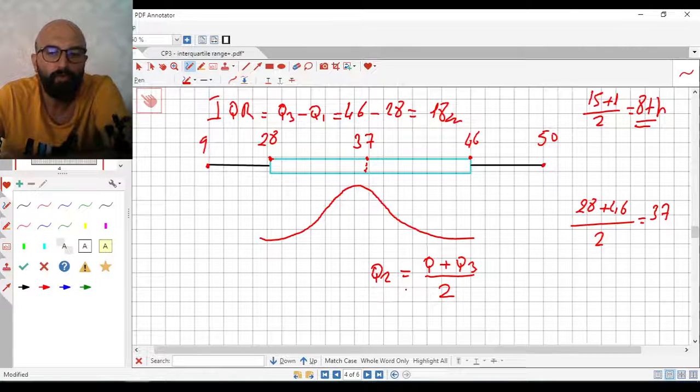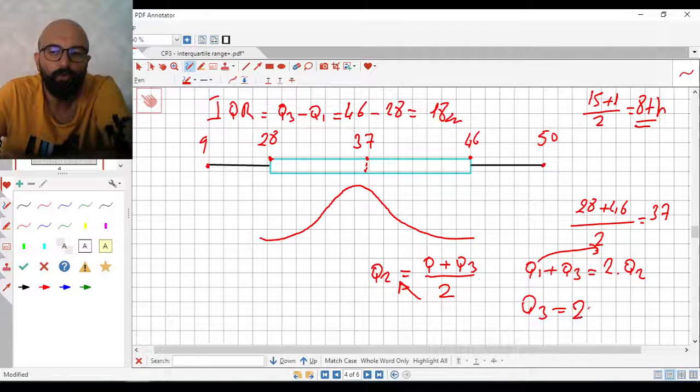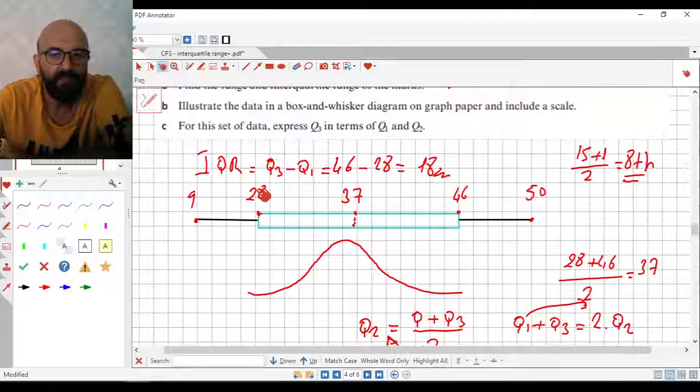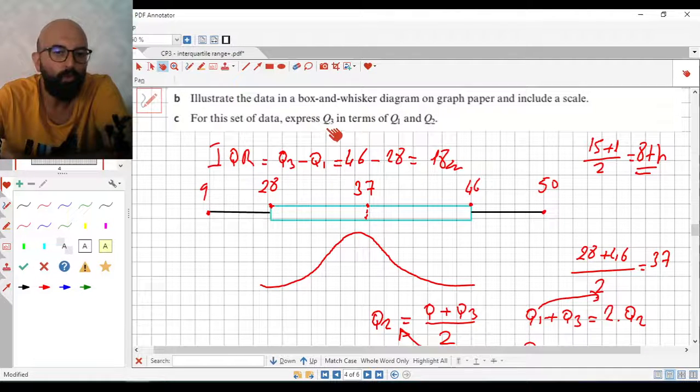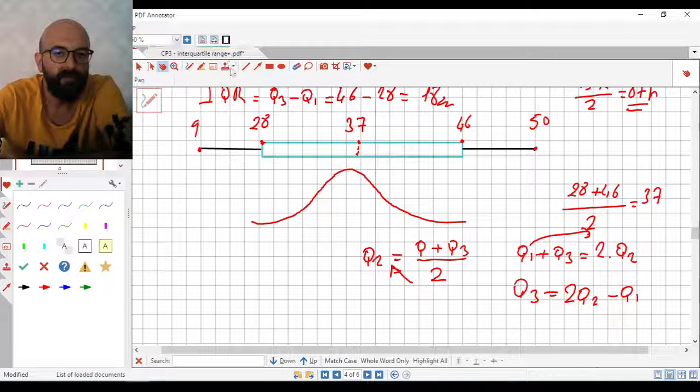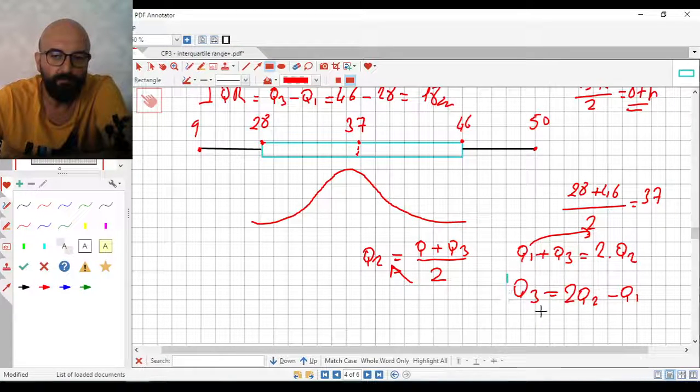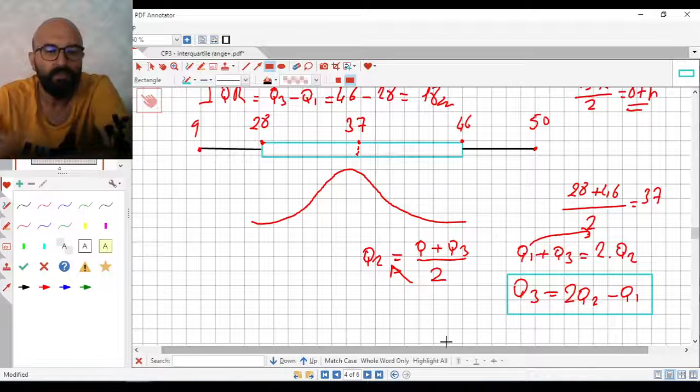So Q2 equals Q1 plus Q3 over 2, which means Q1 plus Q3 equals 2 times Q2, and Q3 equals 2Q2 minus Q1. So we can express Q3 in terms of Q1 and Q2: Q3 equals 2 times Q2 minus Q1.